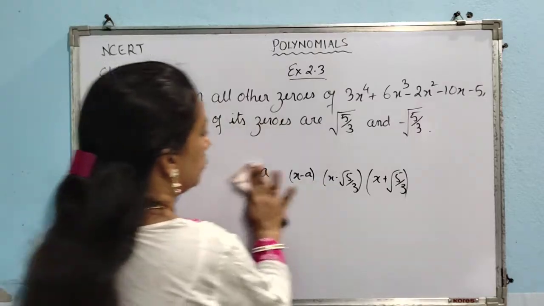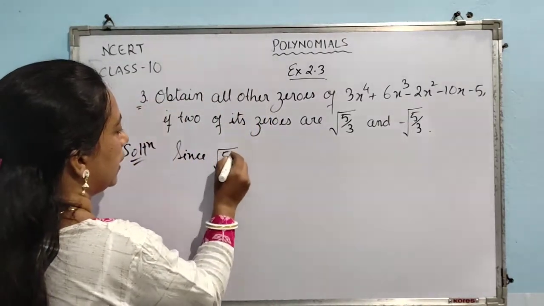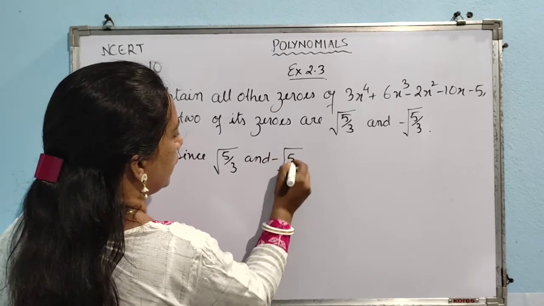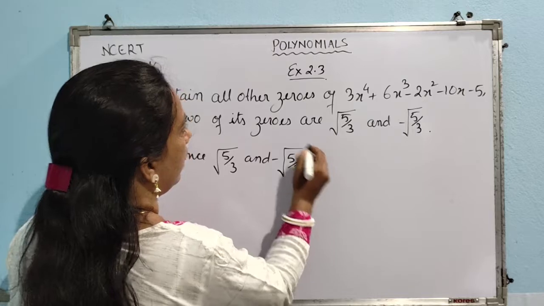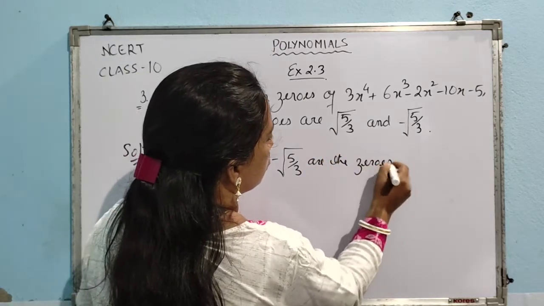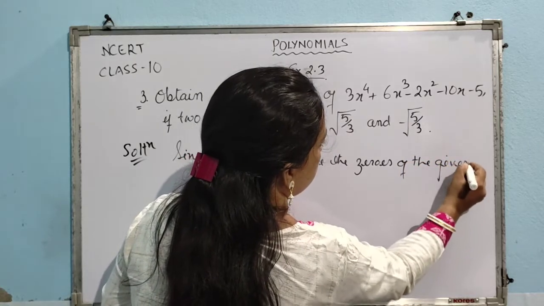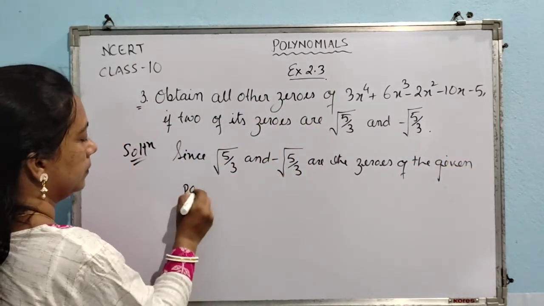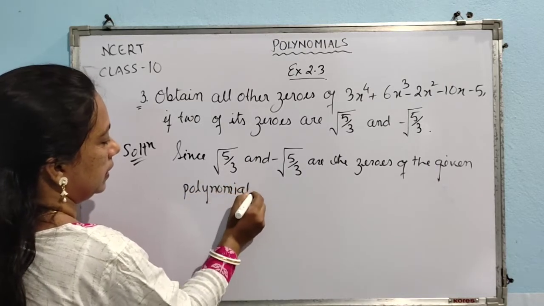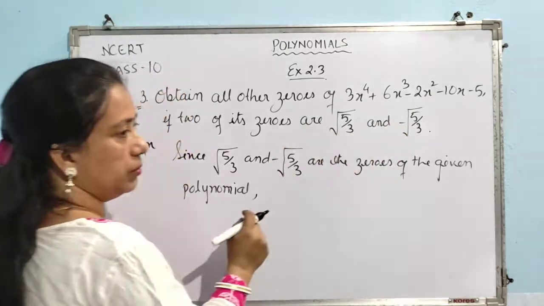So what can we write? Since root 5 by 3 and minus root 5 by 3 are the zeros of the given polynomial, it means that x minus this and x plus this will be the factors.